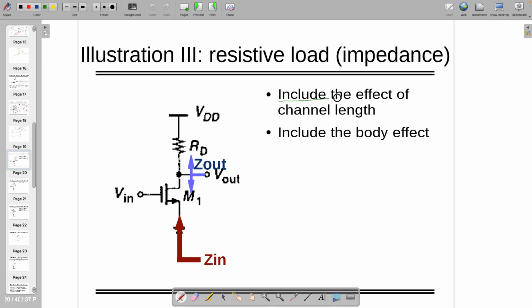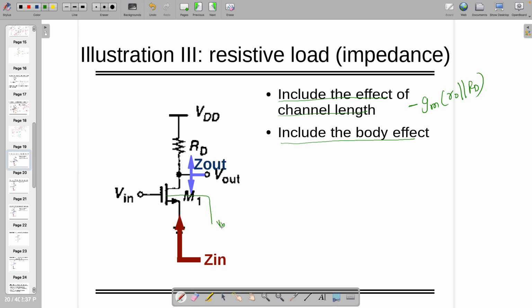Here also, including the channel length effect, now include the body effect also. With channel length modulation, I have seen the gain of minus Gm times R0 in shunt with RD. So what is going to happen when there is a body effect also? It means the body is not connected to ground. It is connected to some different voltage, VB.